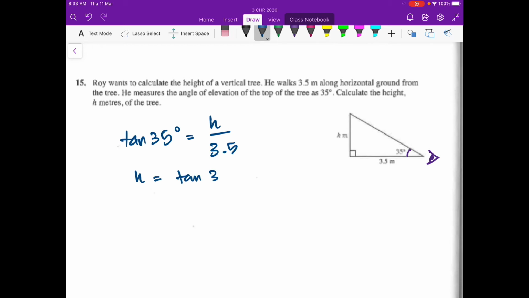Sorry, equals to what? Oh, bracket 3.5. Good. Okay, then calculate the answer. 2.4507.